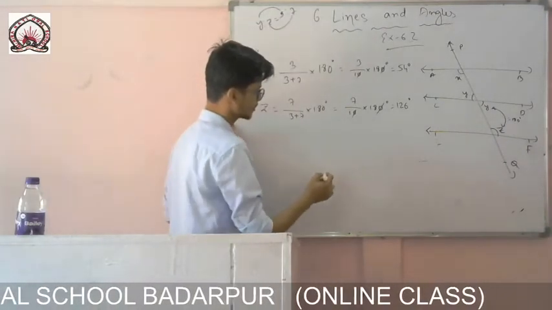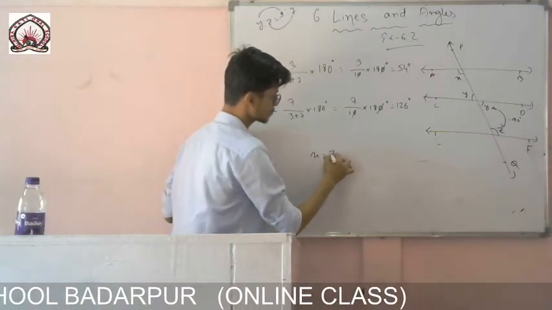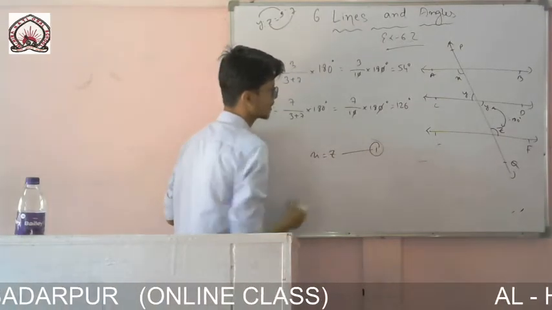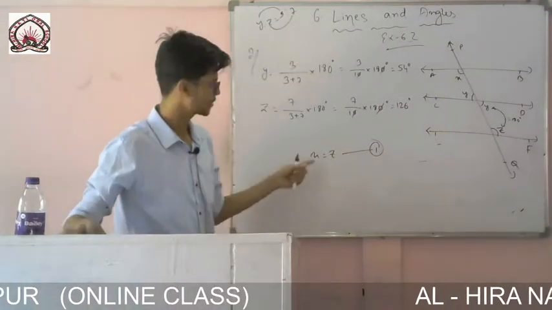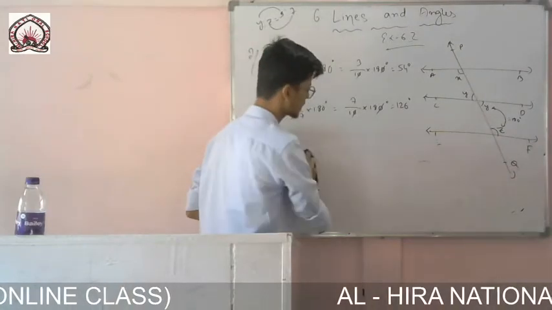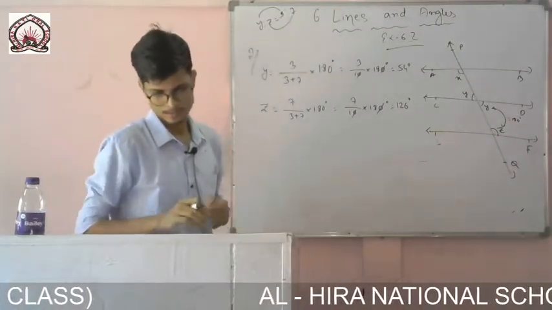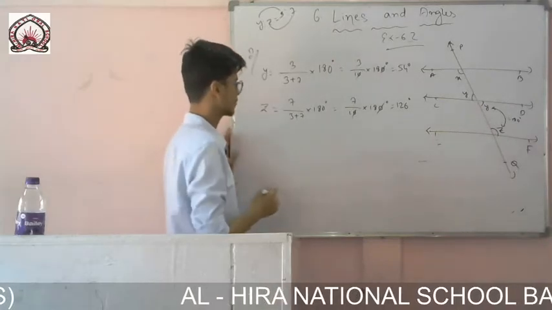So where you have written x is equal to z, there you give Roman number 1.